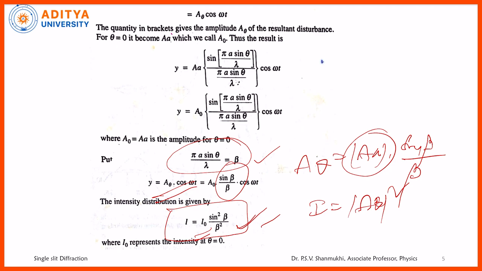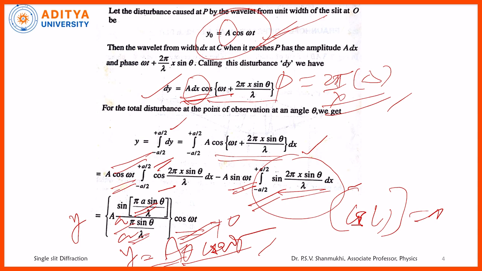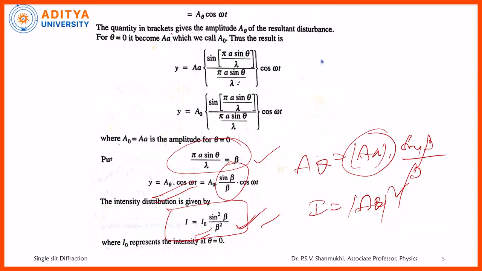Actually, this is the final resultant wave equation we got. Now, we have to analyze this: where do we get the maxima, where do we get the minima, something like that. In this article, I am just going to derive the intensity, so let us write only the resultant intensity equation: I is equal to I naught sin square beta by beta square.